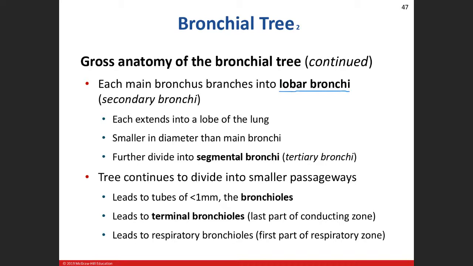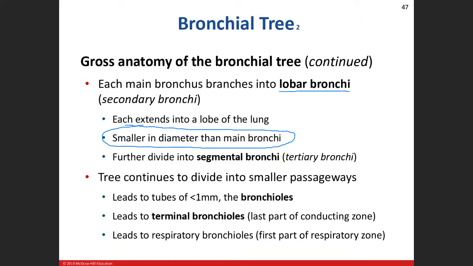The lungs are subdivided into lobes, so these secondary bronchi go out to these individual lobes, and we call those lobar bronchi or secondary bronchi. As we move further and further into the lungs, we are going to see these bronchi becoming more narrow. The diameter becomes less and less.